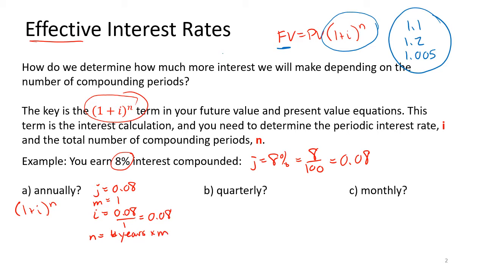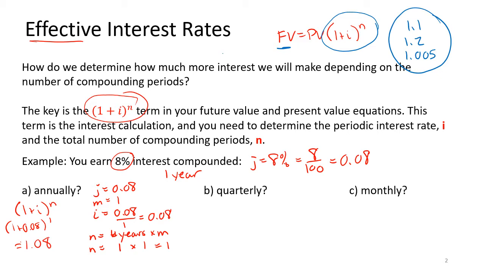Let's say this is compounded for a period of 1 year. That means n is equal to 1 multiplied by 1, which is just 1. If you substitute these values in, this term becomes 1 plus 0.08 to the exponent 1. Multiplying that out, you get 1.08.